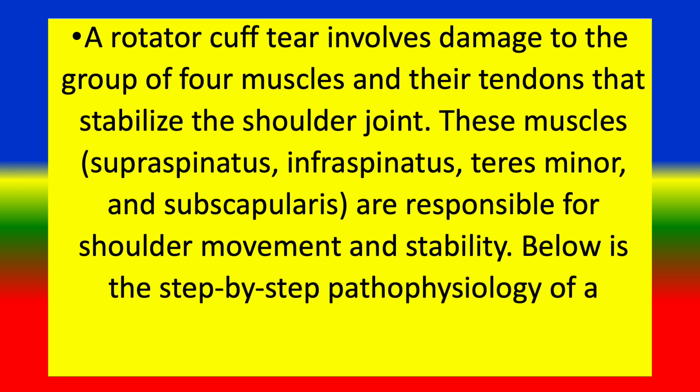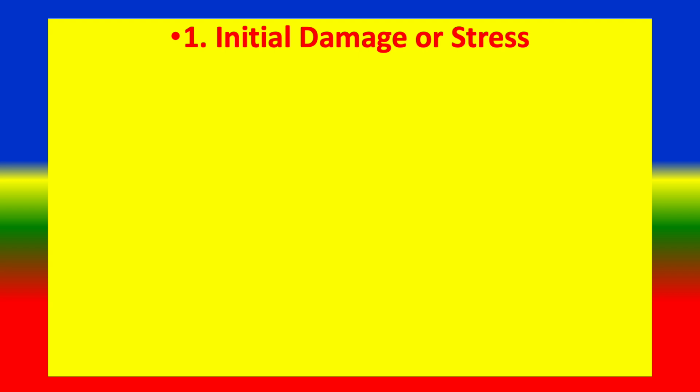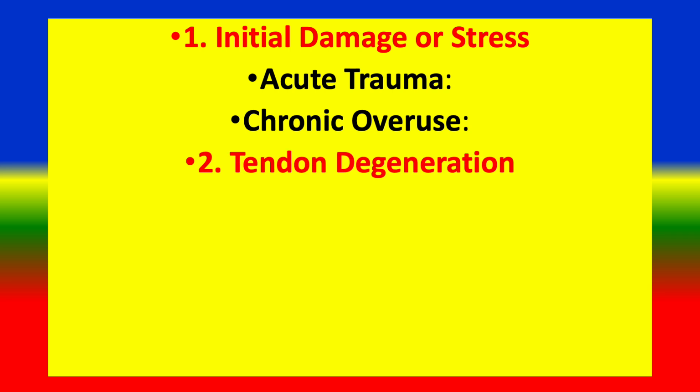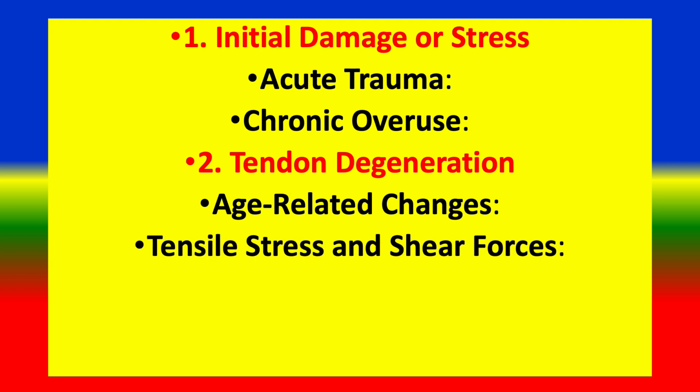Below is the step-by-step pathophysiology of a rotator cuff tear. 1. Initial damage or stress, acute trauma, chronic overuse. 2. Tendon degeneration, age-related changes translate stress and shear forces.